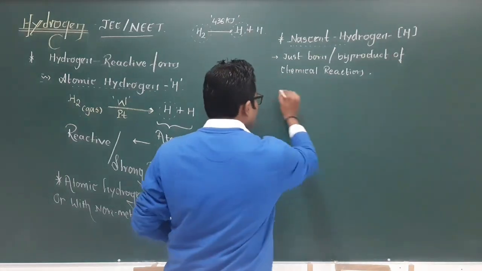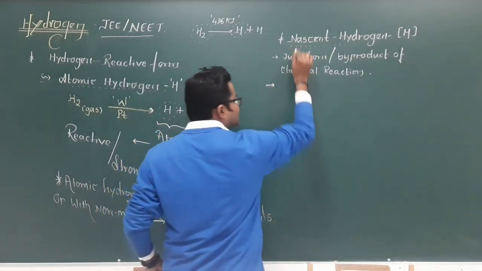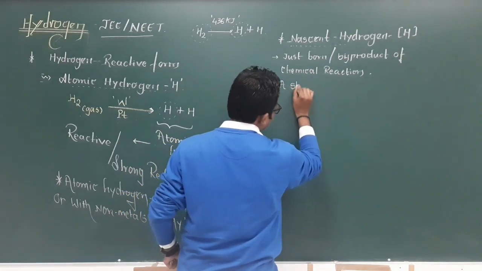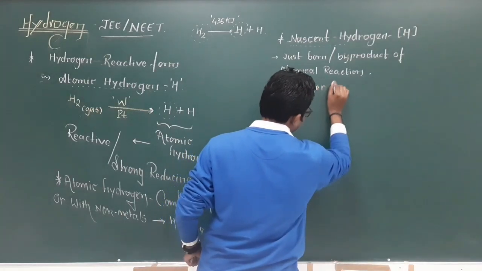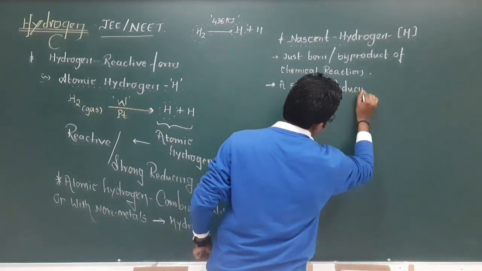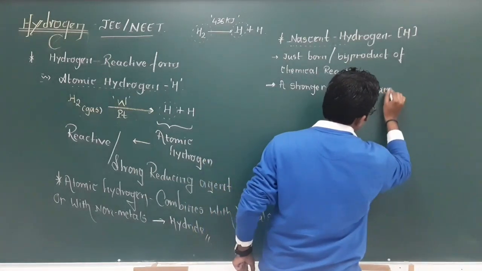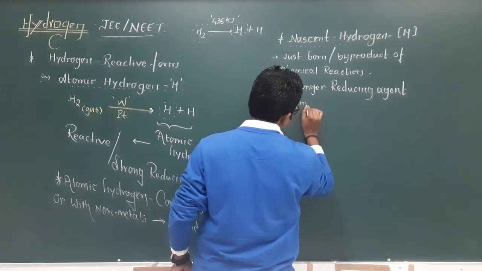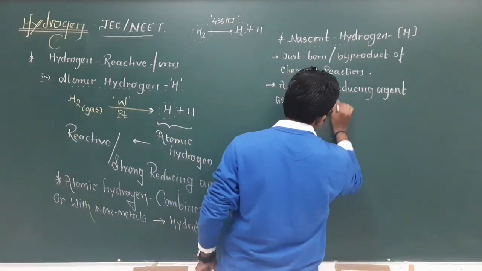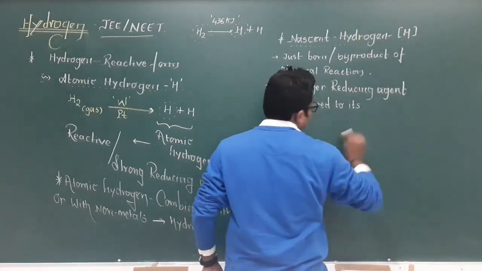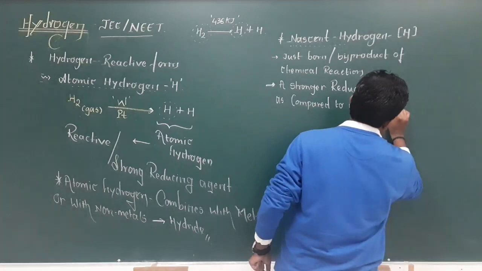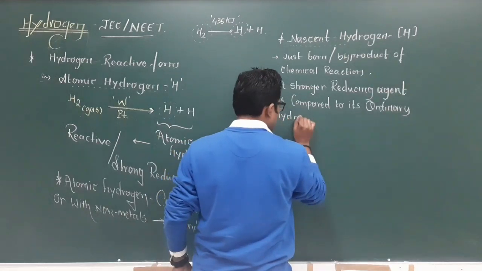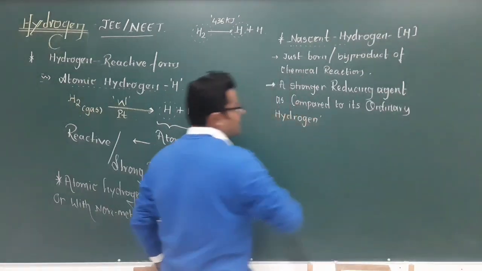So the second point we have to clarify is that nascent hydrogen is a very powerful, stronger reducing agent as compared to ordinary hydrogen. It is very powerful compared to normal hydrogen.